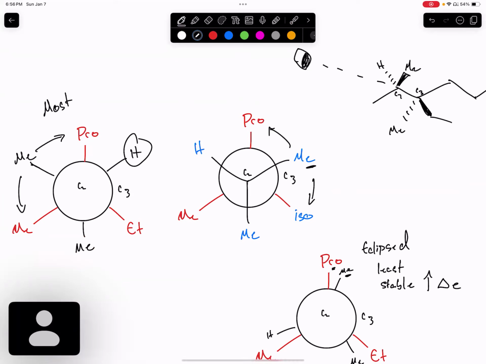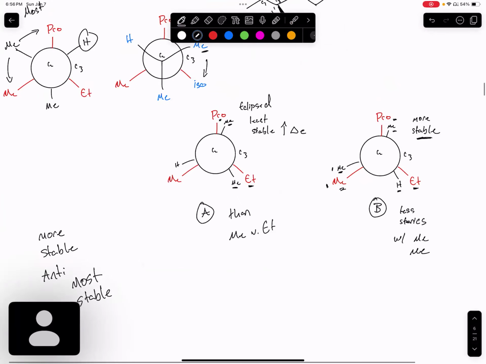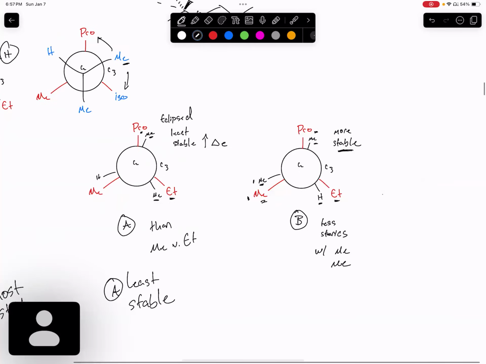And if this was a number, let's call it B. B would be most stable. A would be least stable. B would be second least stable.